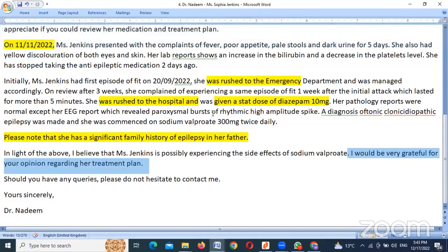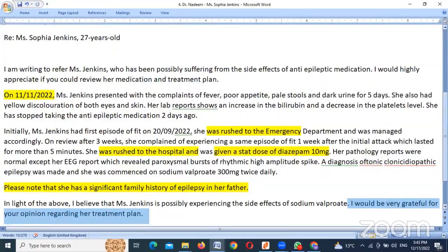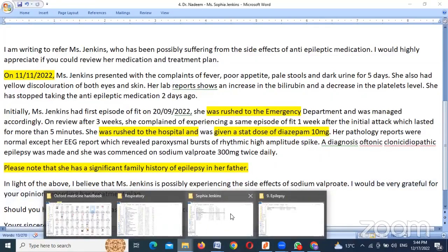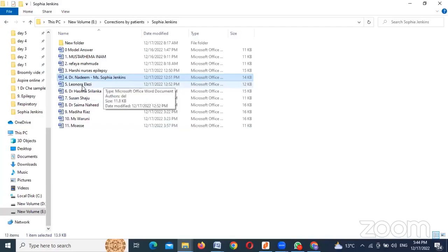Okay. So overall, Dr. Nadeem, I think you need a little bit of practice, please. Try to improve a little bit more, Dr. Nadeem. Your letter needs improvement. Even grammatically it is okay, but it needs improvement.